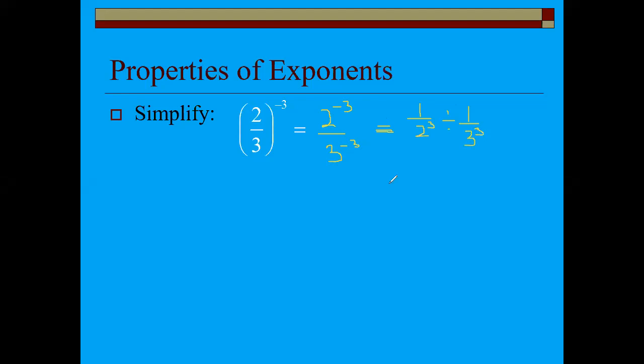So this further can be simplified because multiplication is the inverse of division. We can write 1 over 2 raised to the power 3 times 1 over 3 raised to the power 3.